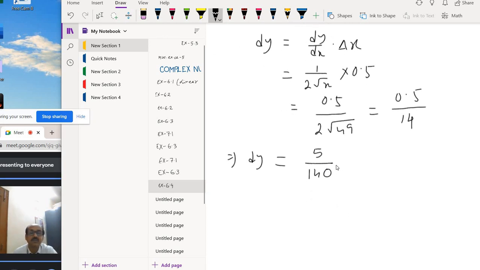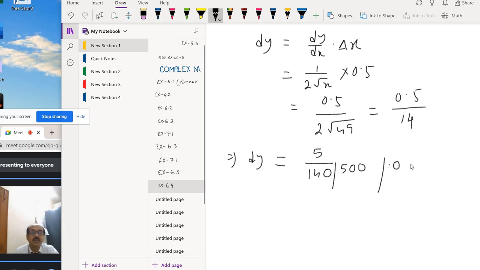Calculate this up to 3 places of decimal. 5, then point 0, take 0, then another 0.